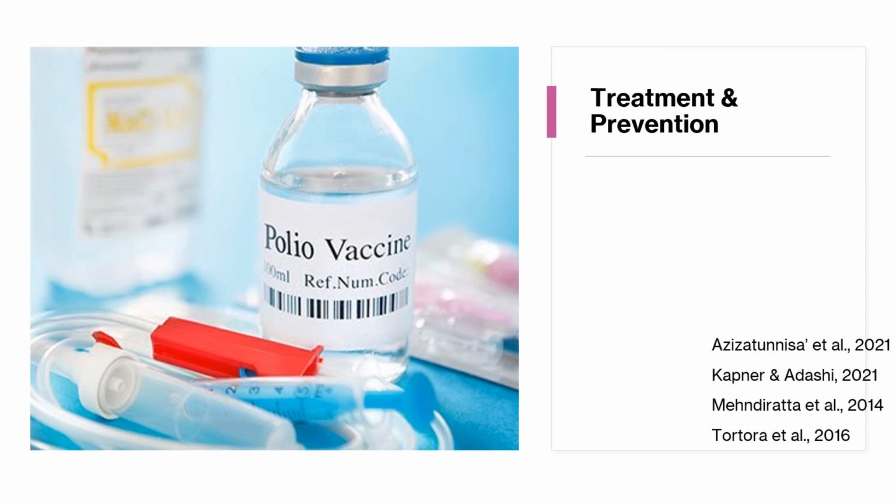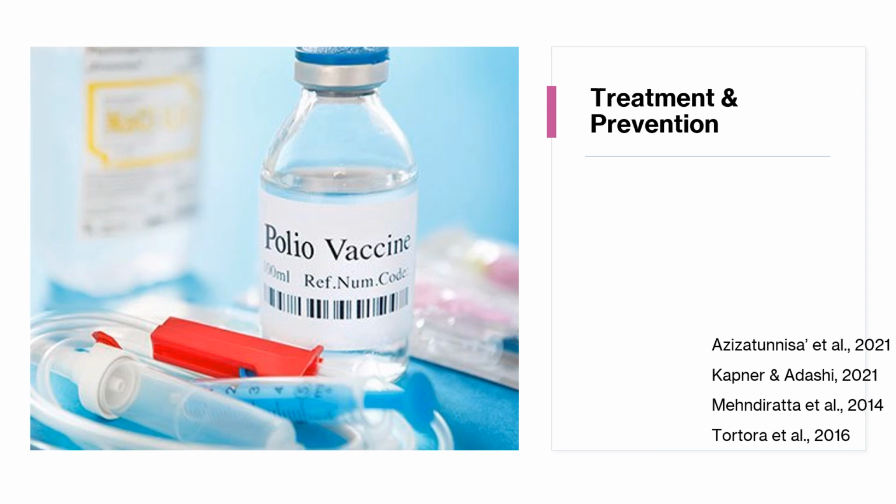Salk and Sabin conducted several trials on their relatives, pets, and school children in order to successfully develop a vaccine. These vaccines have played a tremendous role in the journey towards polio eradication.